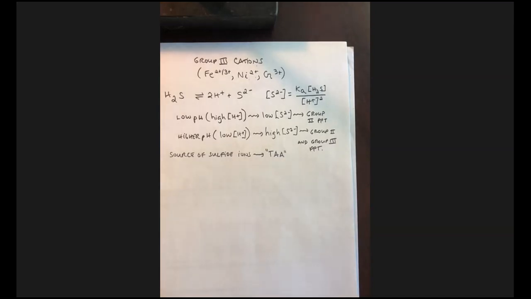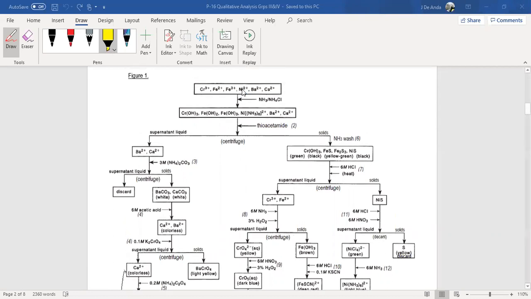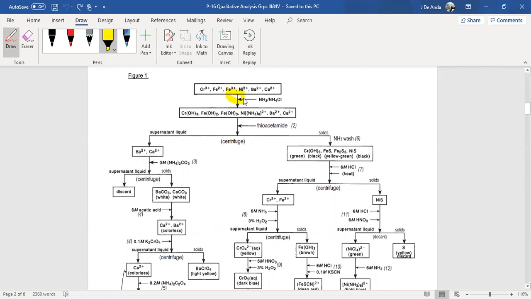So essentially, going back to our procedures here, as you can see, you're going to start by first raising the pH, a step where you make the solution basic that has all these ions, and then you're going to do your thioacetamide precipitation.